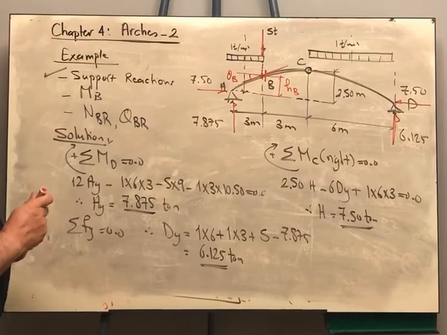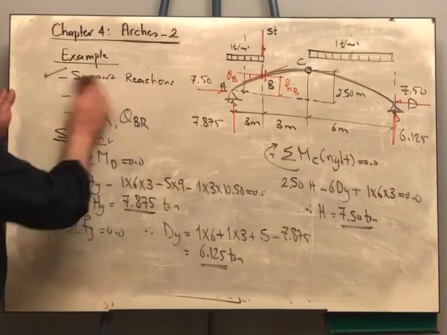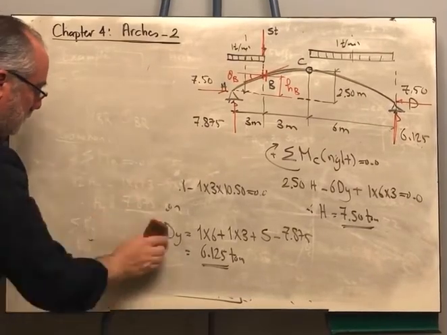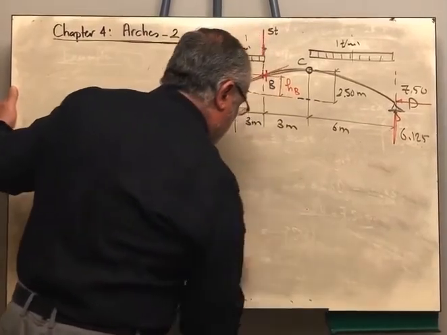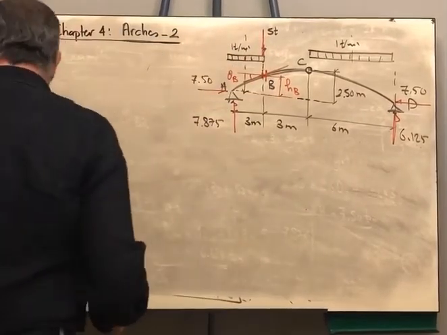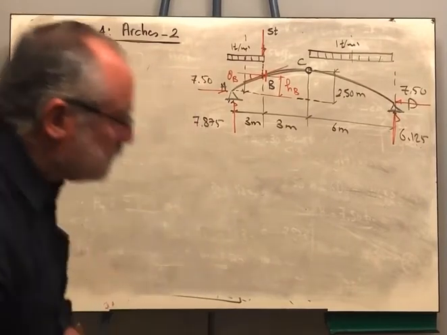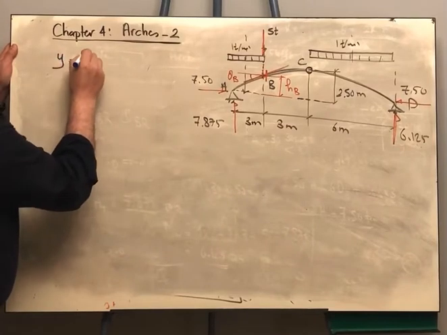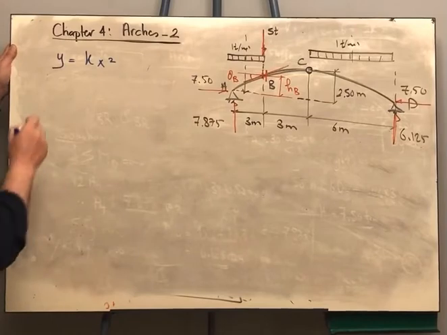How can we do that? We will have to use the equation of the arch, he told us this is a parabolic arch. We are going to say that y is equal to kx square because it is a parabola.